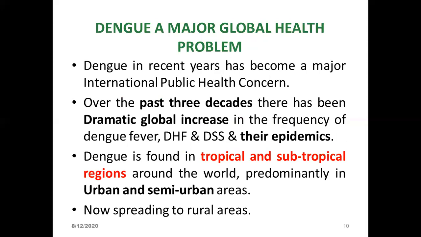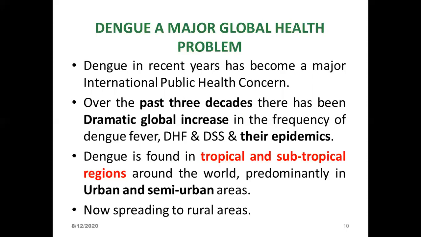Dengue in recent years has become a major international public health concern. Over the past 3 decades, there has been dramatic global increase in the frequency of dengue fever, dengue hemorrhagic fever, dengue shock syndrome, and their epidemics and pandemics. So even in Pakistan, dengue fever is found countrywide and is important. The urban areas like Karachi and Lahore are affected by this disease. Dengue is found in tropical and subtropical regions around the world.